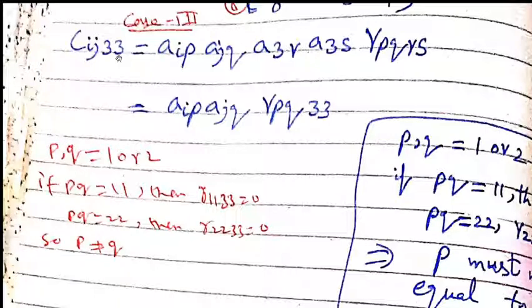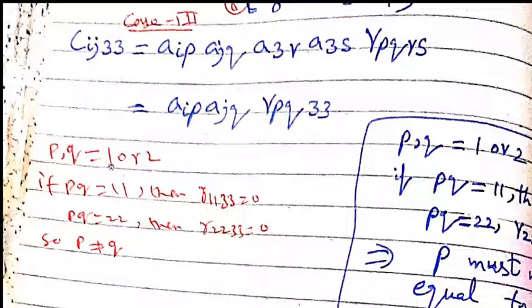You cannot take 3 indices as 3. So I and J would be other than 3. If they are other than 3, then here component will be either A13 or A23. They are 0 because the components of matrix B, you can see the components of matrix B, they are 0, and in that case the components will be 0.